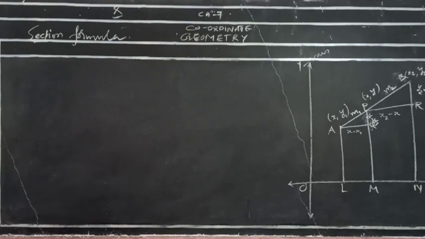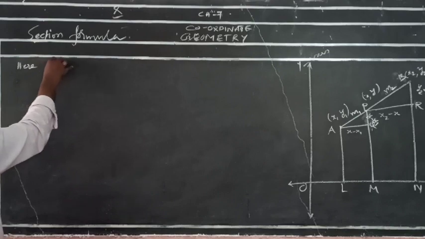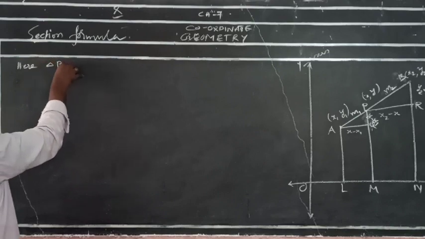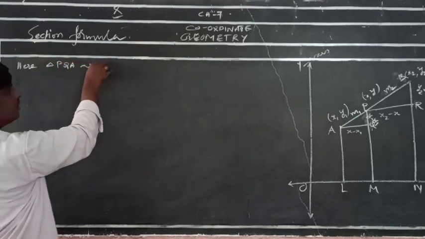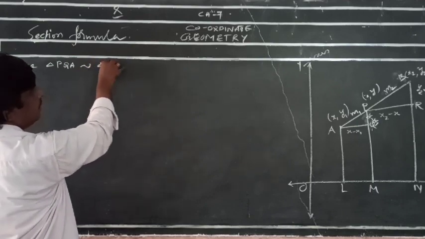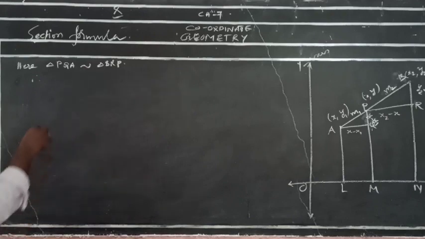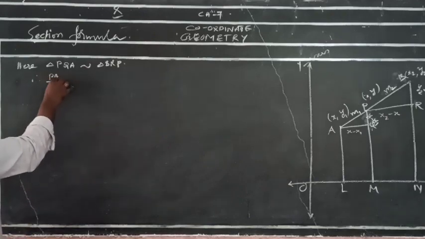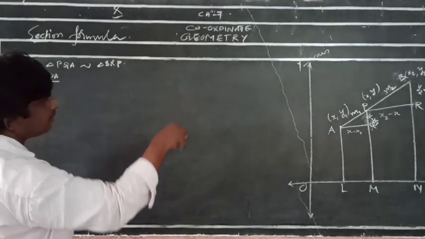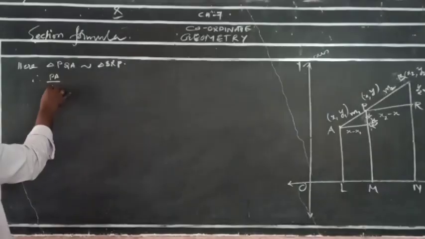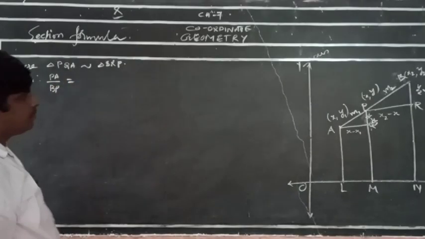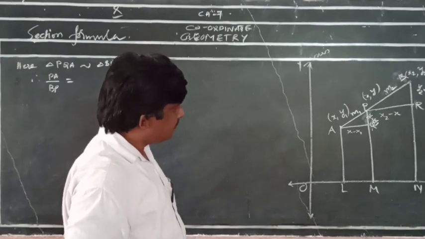Okay, here I am writing. Triangle PQA is similar to triangle BRP. Therefore, what relation will you get? PA by BP is equal to PA by BP.